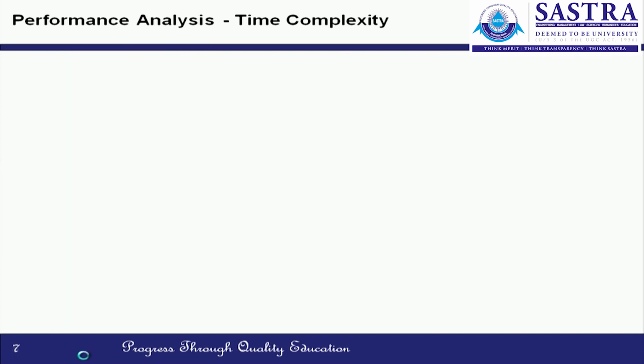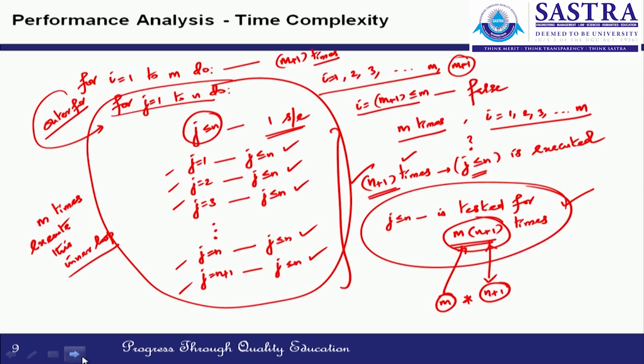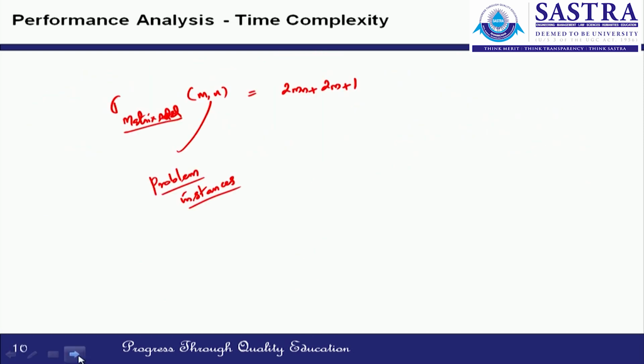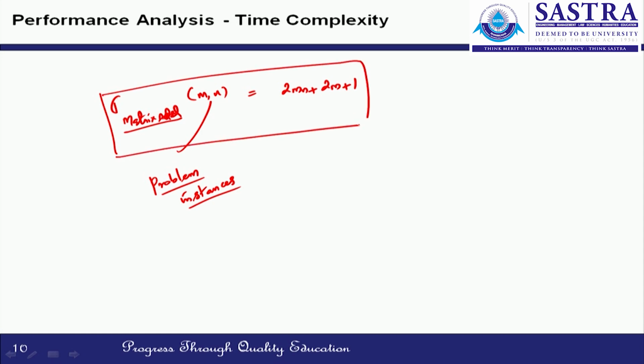The same count, 2mn plus 2m plus 1, is obtained using the step count method. We have already applied the step count method in finding the total number of execution steps of the matrix addition algorithm. There also we obtained the same result, 2mn plus 2m plus 1, which results in theta of mn computational complexity.